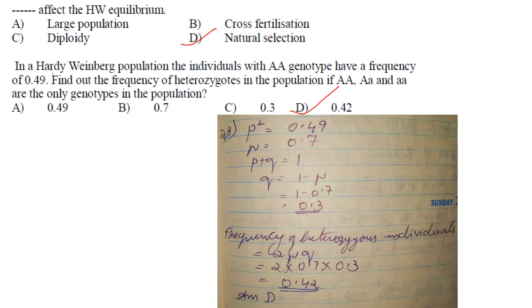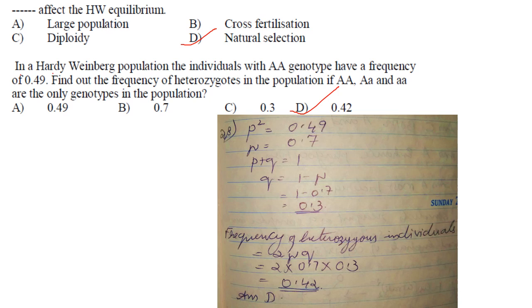Then, in a Hardy-Weinberg population, the individual with AA genotype have a frequency of 0.49. Find out the frequency of heterozygotes in the population if capital A and small a are the only alleles in the population. So they have given us the frequency of AA genotype.